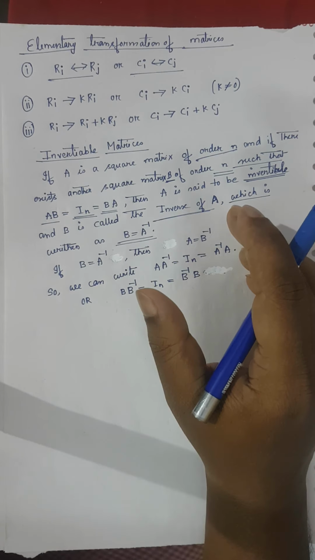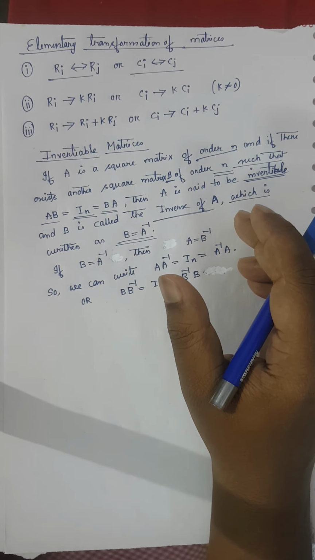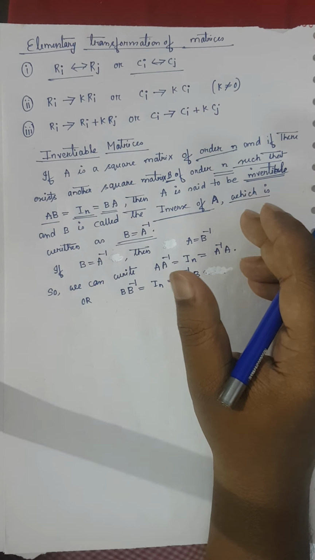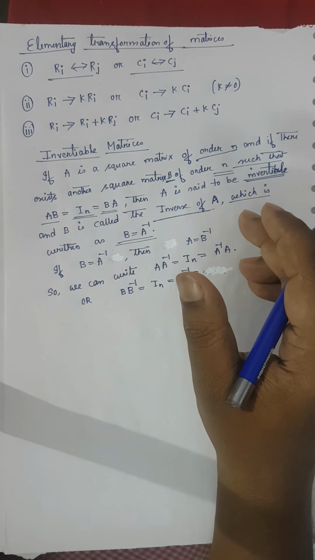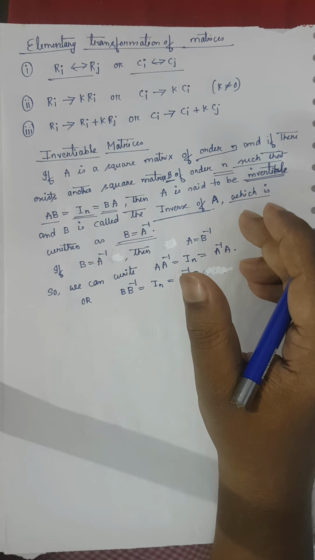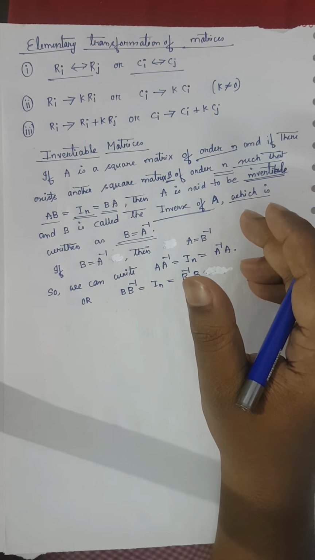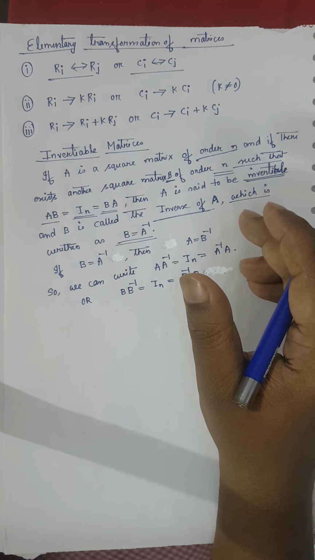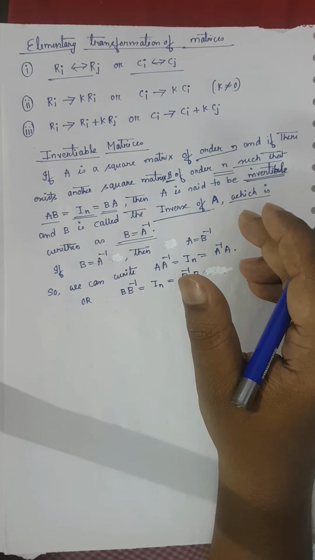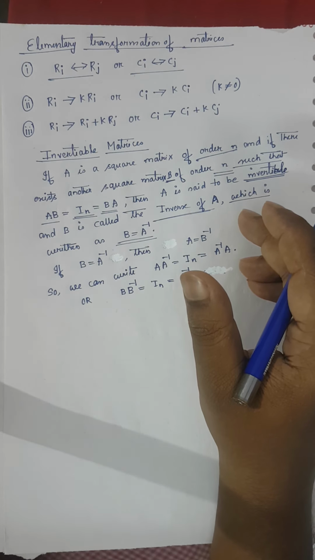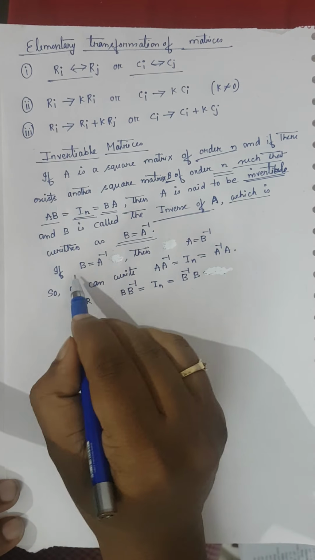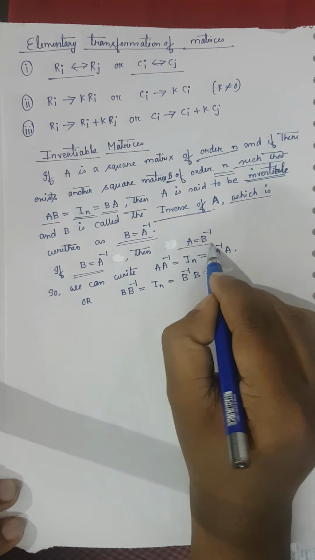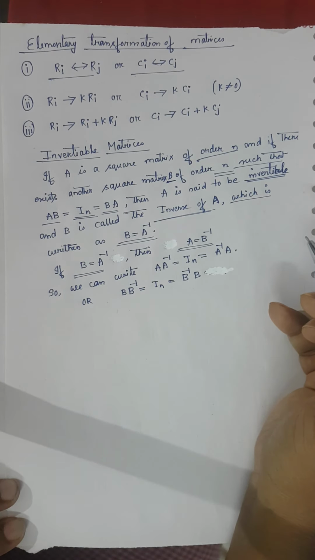When the product of two matrices A and B is equal to In, then A and B are called inverses of one another. If A is a given matrix and you can find another matrix B such that the product of A and B is equal to In, then we will say that B is the inverse of A and A is invertible. So we can write B is equal to A inverse, or if B is equal to A inverse, then A will be equal to B inverse, vice versa.